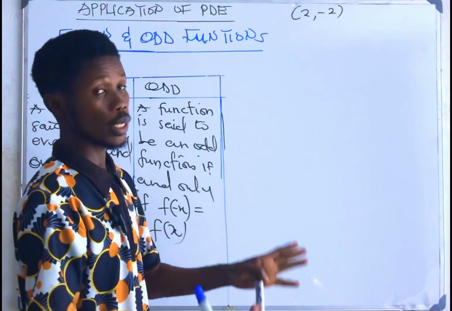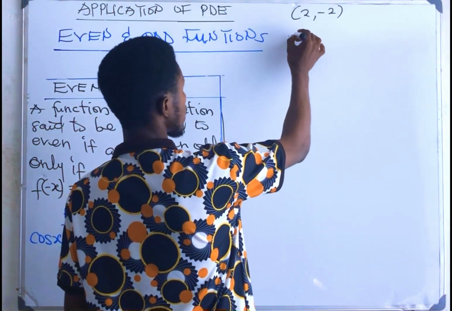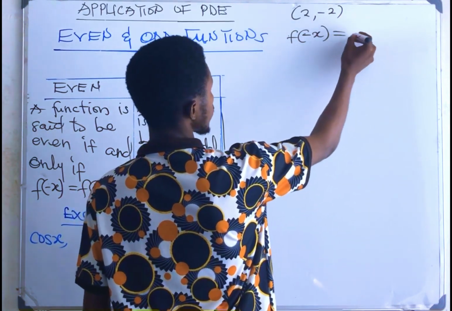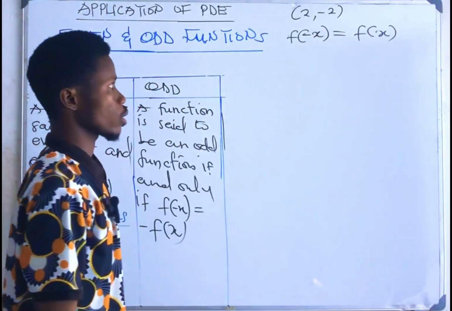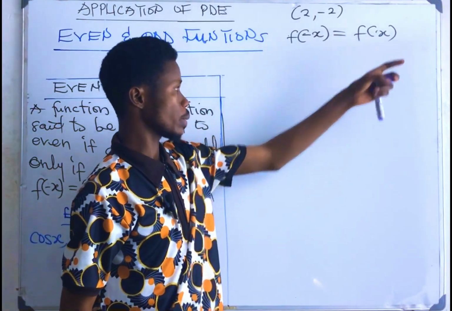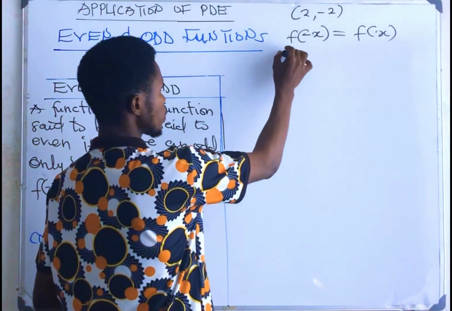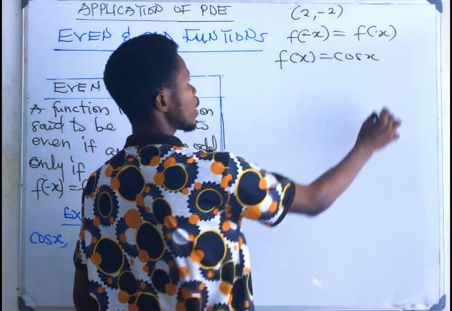So I'm using 2 and negative 2 to test something. We say that f at negative x equals f at x, so the negative there will vanish. So we are saying that f at x equals cos x is an even function.